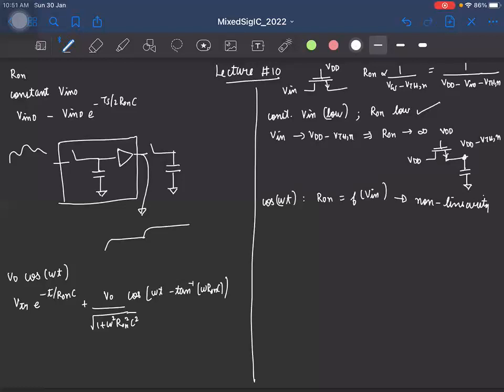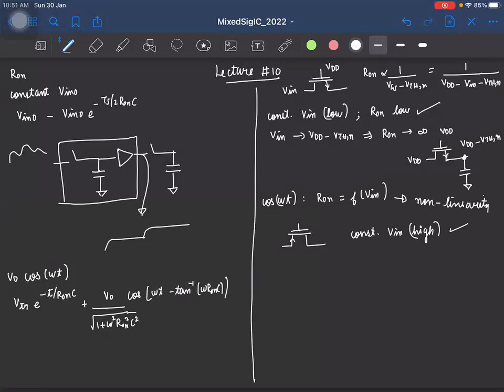And similarly, we had the PMOS switch, which works as a good switch for a constant input voltage, which is close to VDD or a high voltage, right? And again, if the input is close to 0, the on resistance will tend to infinity.